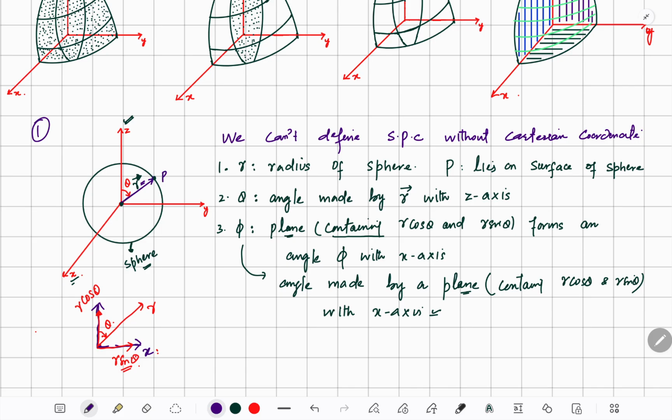Now this r has angle theta with the z-axis, so r cos theta would be in this direction.